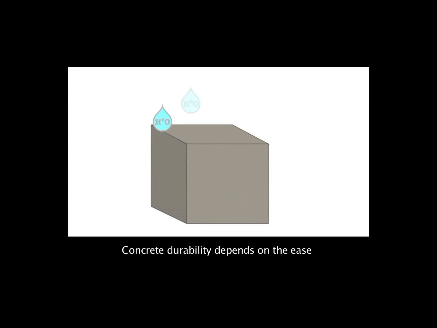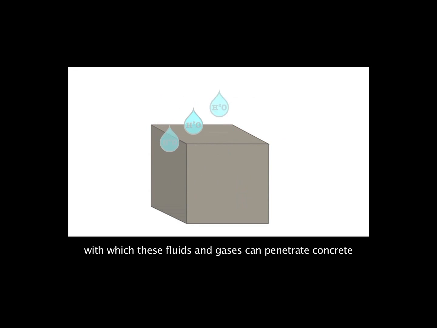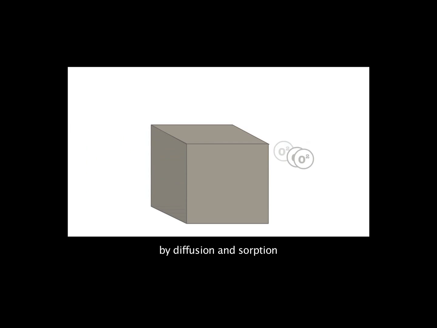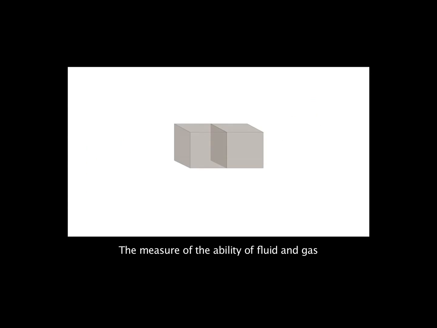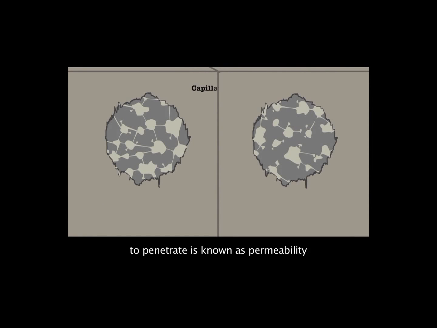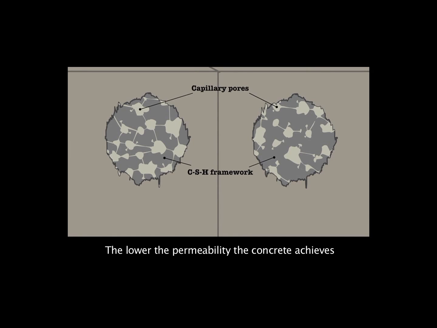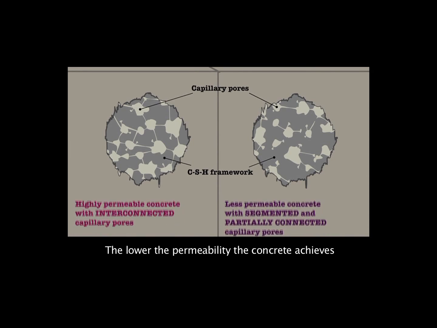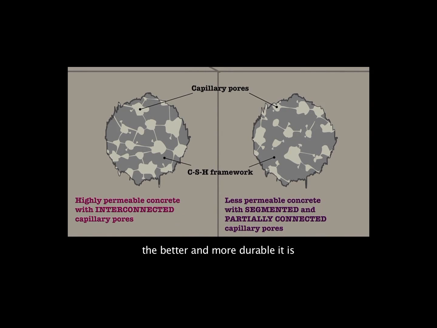Concrete durability depends on the ease with which these fluids and gases can penetrate concrete by diffusion and sorption. The measure of the ability of fluid and gas to penetrate is known as permeability. The lower the permeability the concrete achieves, the better and more durable it is.